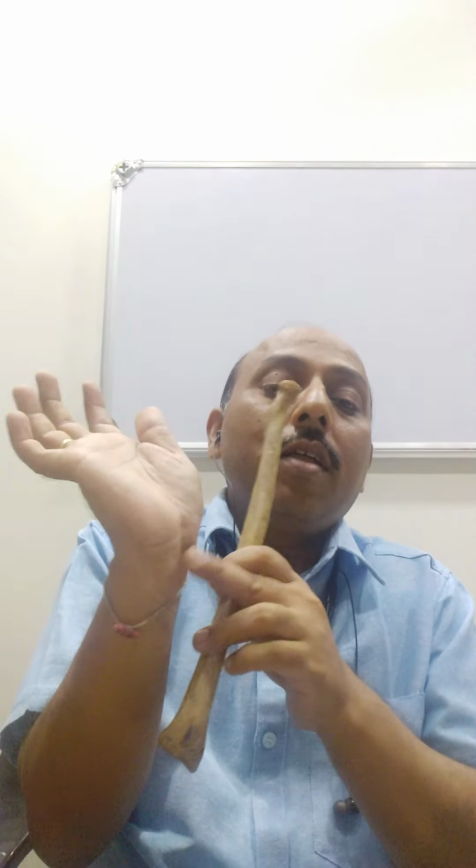And if the distal fragment gets displaced anteriorly, means towards this side, then it is Smith's fracture. Okay, so the Colles fracture is very common in females, and Smith's fracture can also be found in patients.